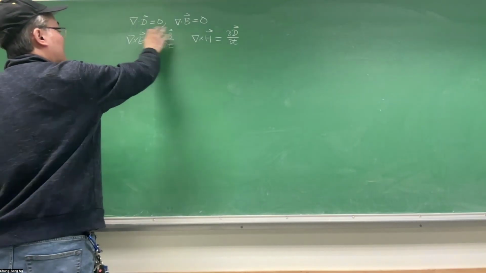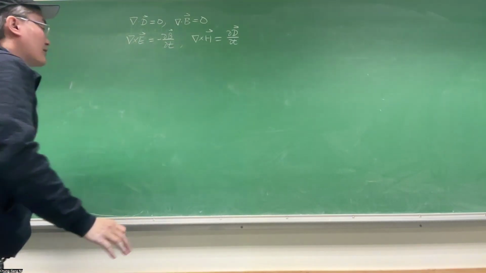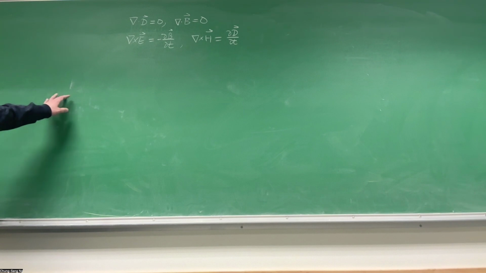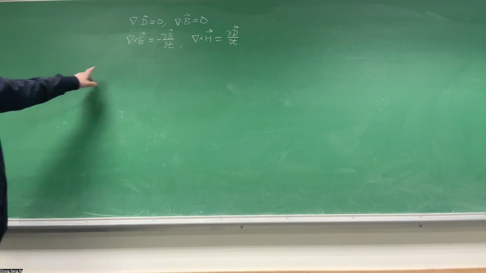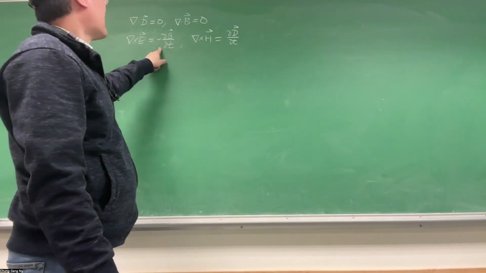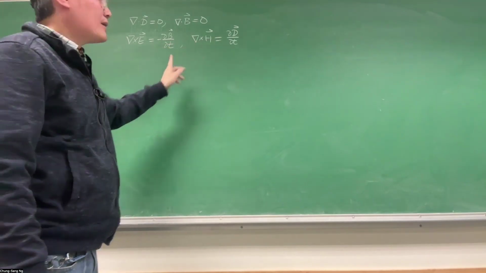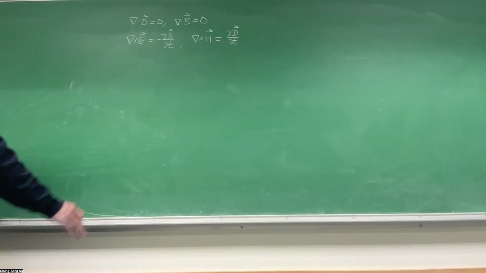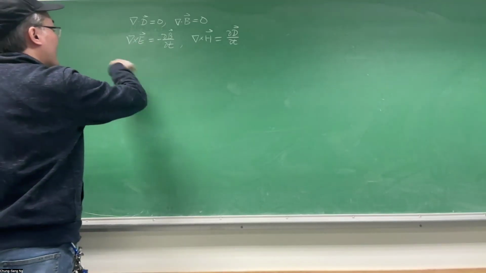And now this set of equations is very symmetric between electric field and magnetic field. So basically the difference is the sign. In the curl E equation there is a negative sign, and this one is a positive sign. So that is the only difference.